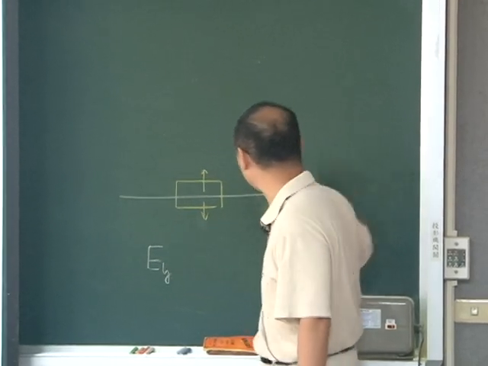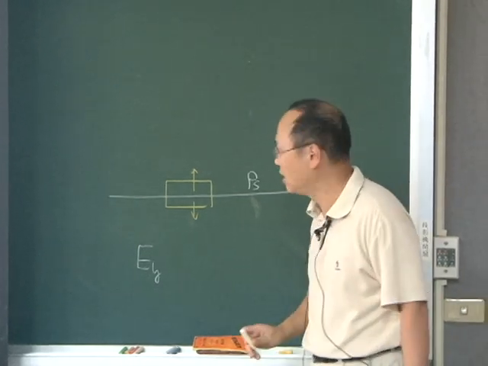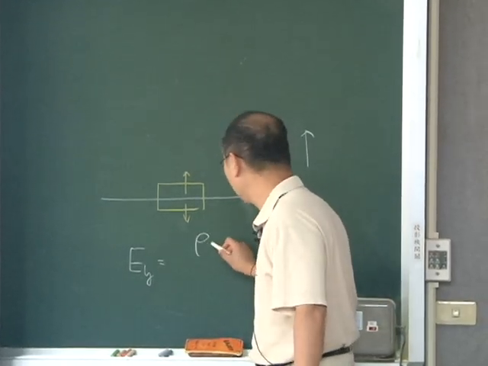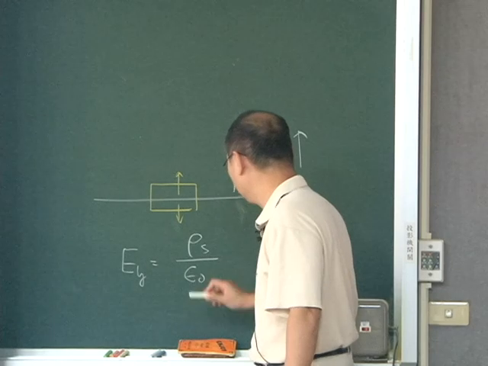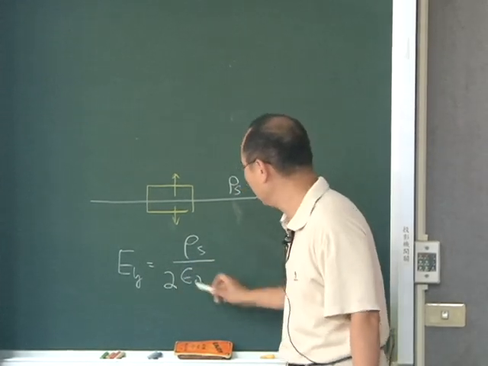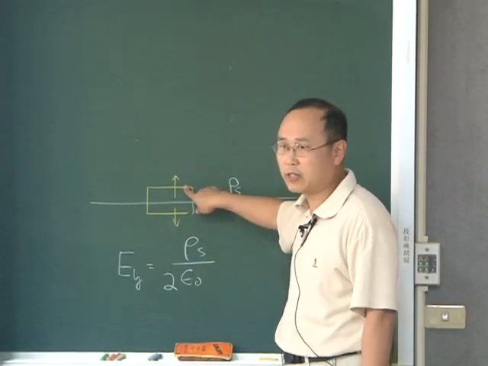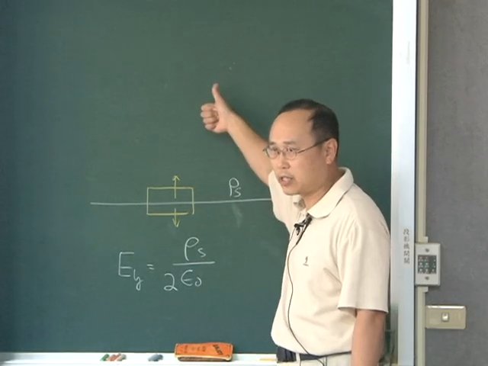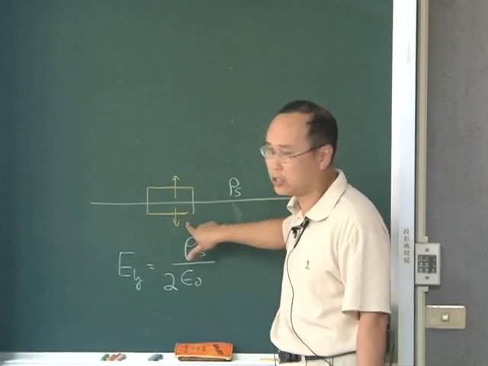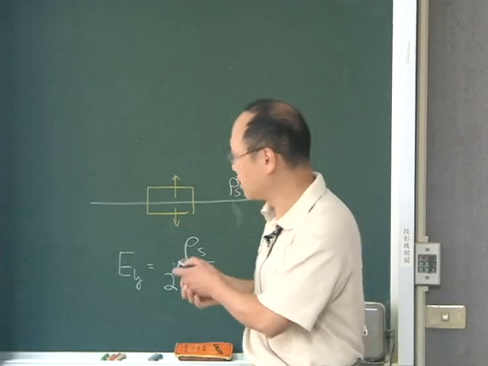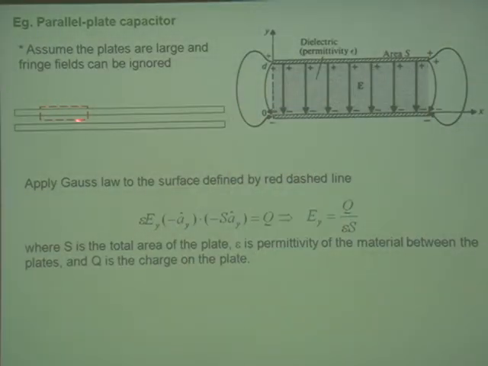Electric field along y direction, suppose this is y direction, it's going to be equal to rho s over epsilon naught divided by 2. Because you have electric field along this direction. At the same time, you have electric field along this direction. But for this case, you only have electric field between these two electrodes.